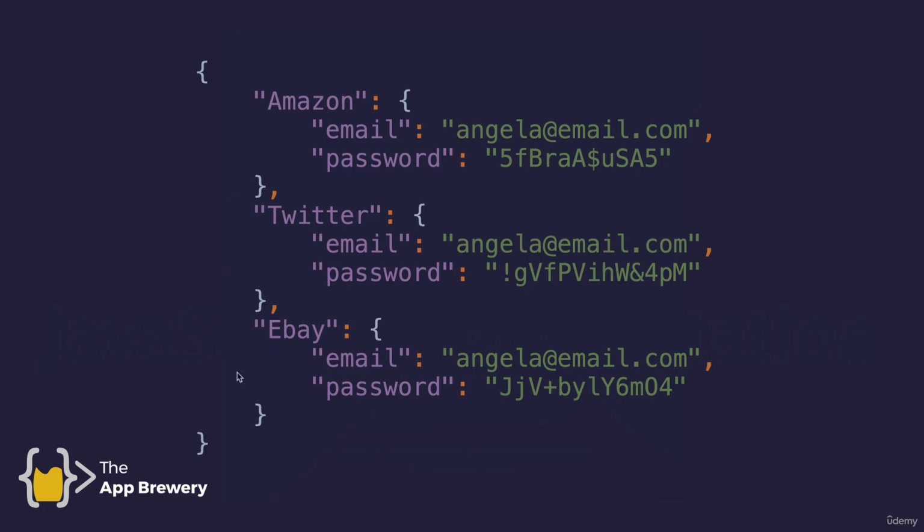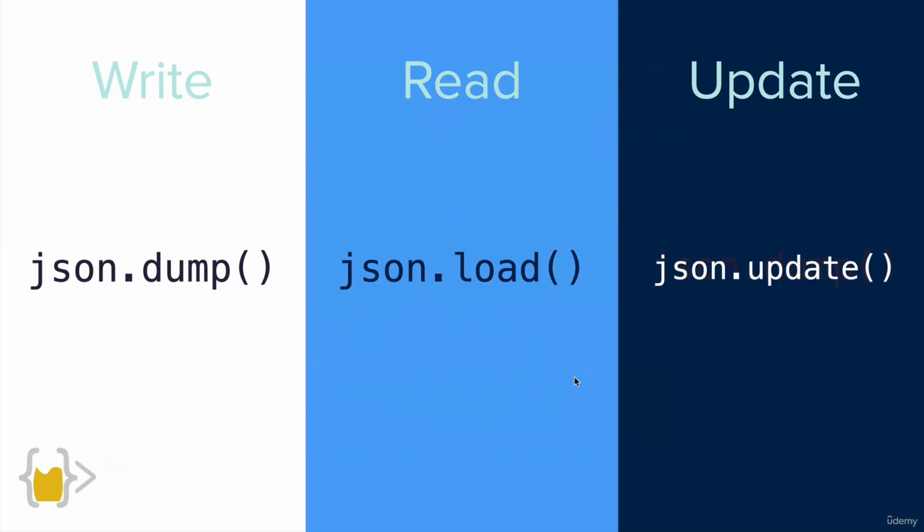This is essentially what we're aiming for, so that we can store our data in this format, and we'll be able to easily load up this data and search through it for the particular website that we want the information for. To work with JSON data in Python, we can use the inbuilt JSON library, and we're going to use it to write, read, and update data to a JSON file.